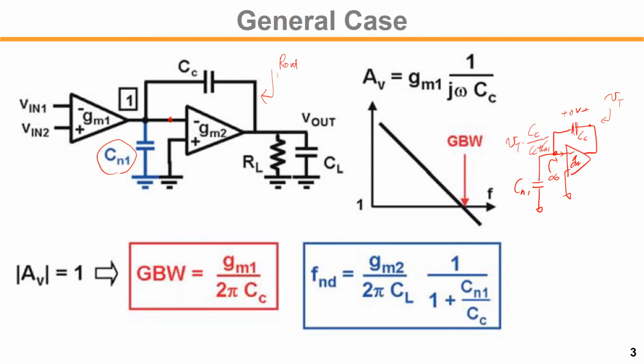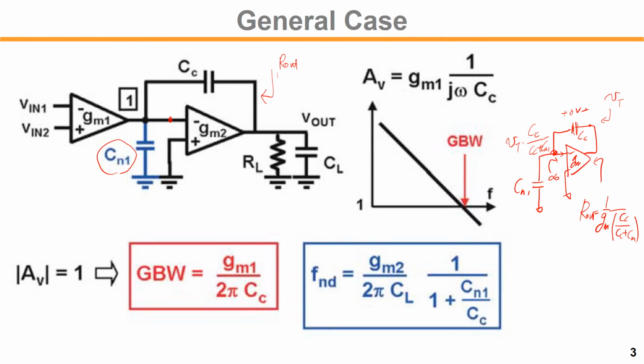This kind of voltage division relationship will result in an effective R out. Previously, without Cn1, R out was 1 over Gm, but now the effective Gm is reduced by that factor, Cc plus Cn1, right?